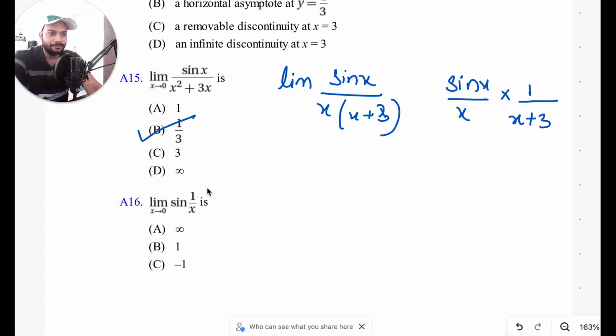By nature, sine function is an oscillating function. It takes on different values ranging between -1 and 1. As we saw, x tends to 0, 1 over x tends to infinity. That means it'll take on a varying range of very large values. At that infinite range, the sine function would still be oscillating.